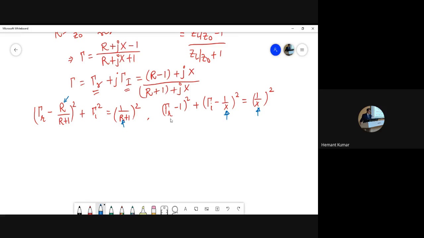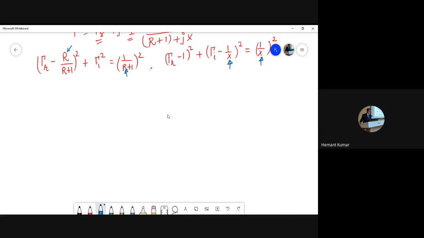The first equation is an equation of a circle: (x minus a) whole square plus (y minus b) whole square is equal to r square, where x is gamma R and y is gamma I. Here the radius is 1 upon R plus 1, a is equal to R upon R plus 1, and b is equal to 0.